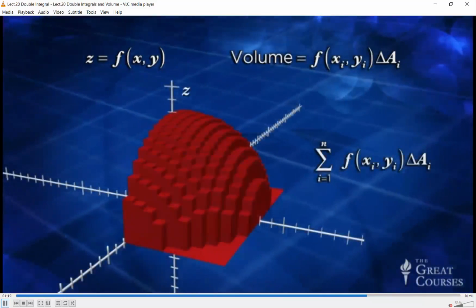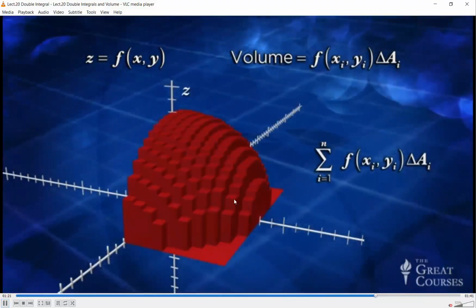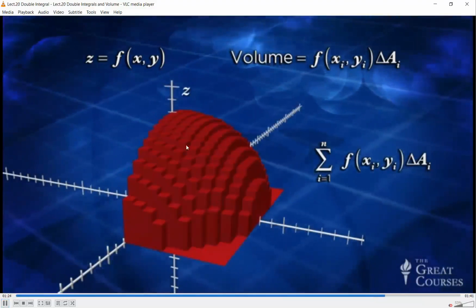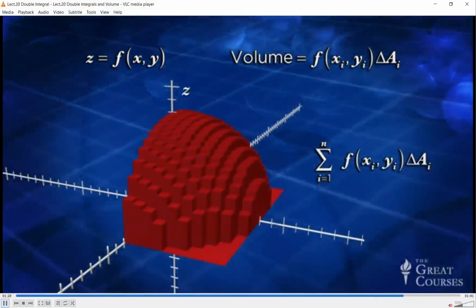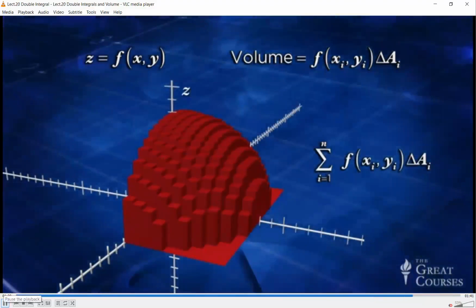Very well, as you can see, you have an approximation of the volume under the surface. And as you take the limit, these little rectangles are getting smaller and smaller. You get a better approximation for the volume below the surface.